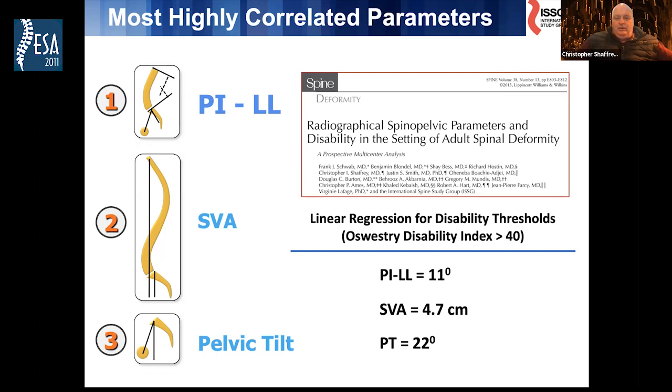And what's happening is that there was a realization over time that our group probably oversimplified things across the board. But what we found was that this allowed us to develop a newer SRS classification, and this effort was led by Frank Schwab.